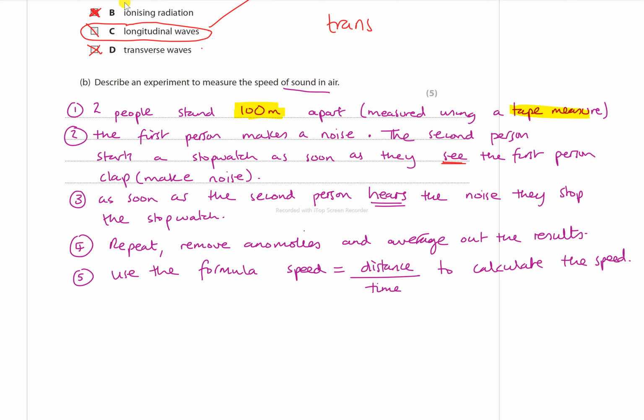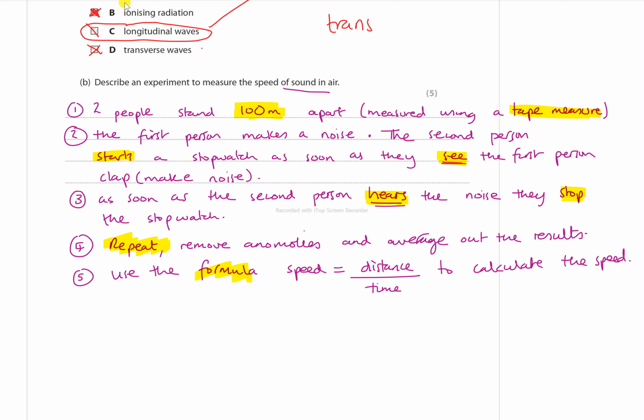You've used a tape measure. The first person makes a noise. The second person will see it, and when they hear it, they will stop. So they'll start the stopwatch, and then they'll stop the stopwatch. You always repeat experiments, and then in this case we're going to use the formula speed is distance over time to calculate the speed. So we've put everything in.